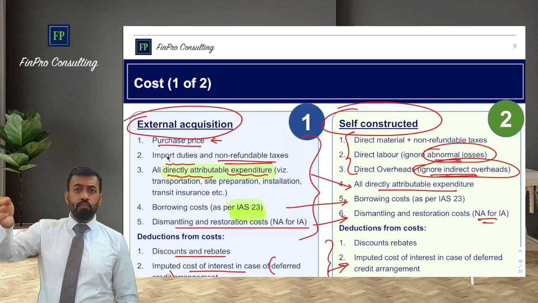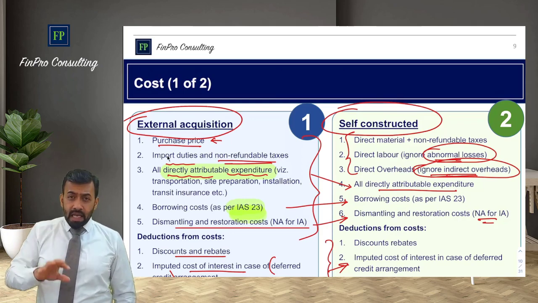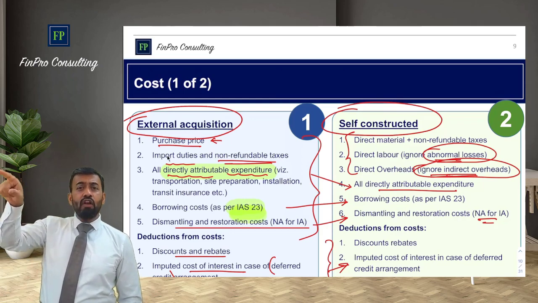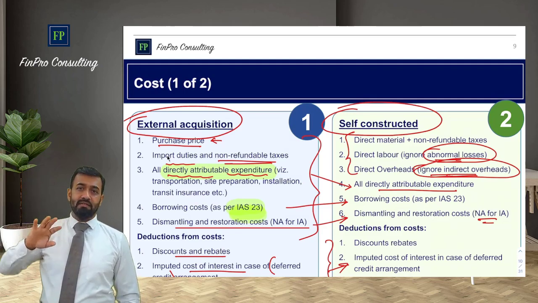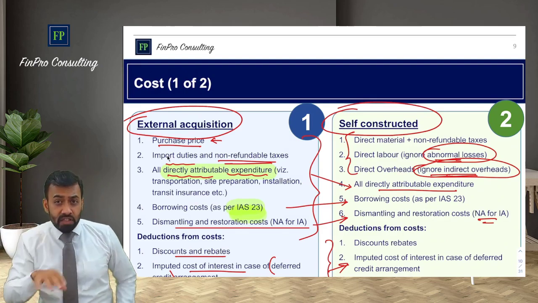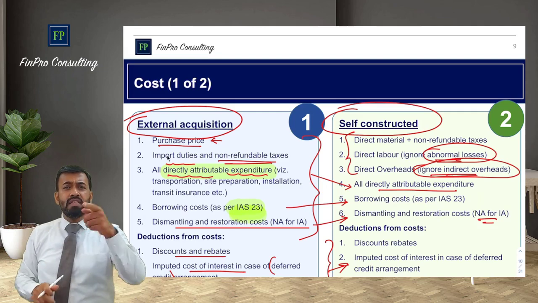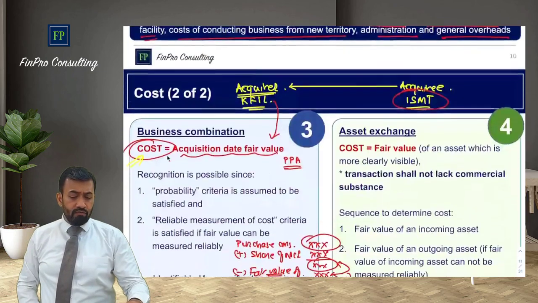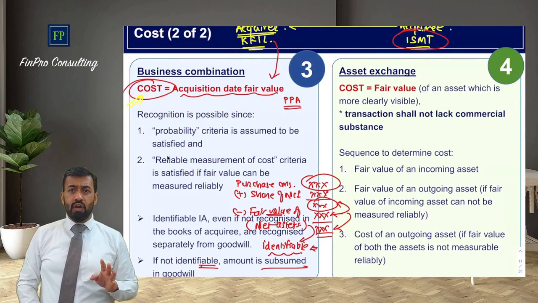The taxes you pay for the purchase of that asset. It is actually the fair value of that asset in the market which you are ready to pay for that. So the fair value of incoming asset is the basis for you to pay the cost. Am I right? And the same exact principle you will have to use here.